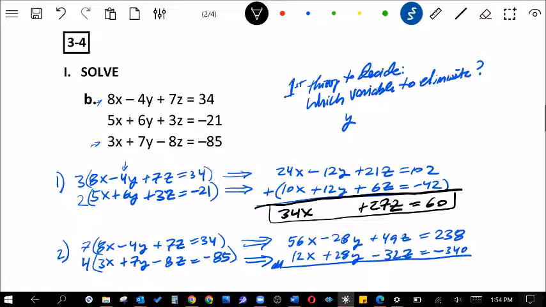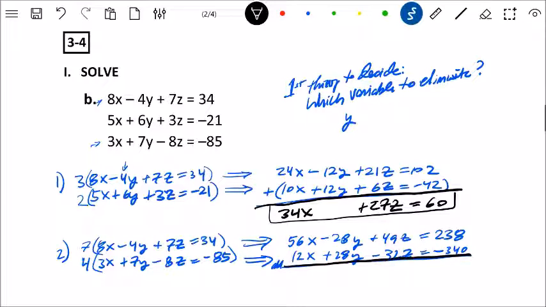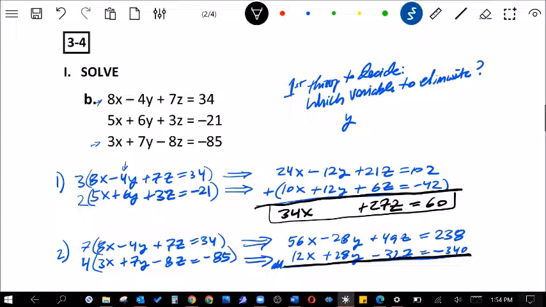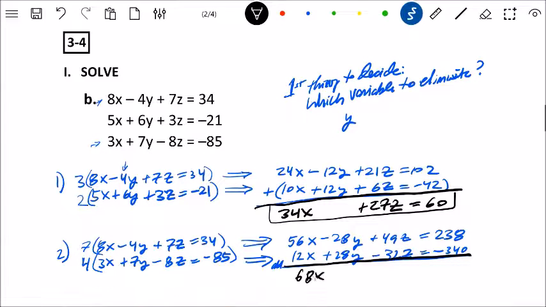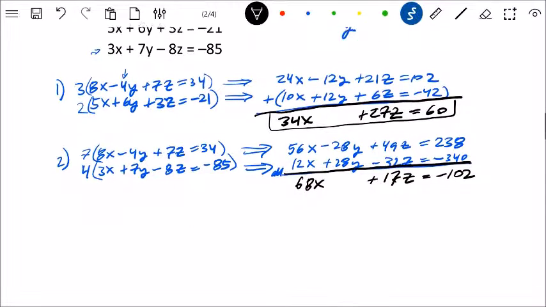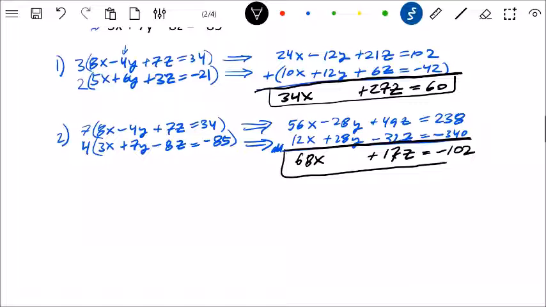And I'm going to get, in fact, I want to do the black here. So 56 and 12 is 68x plus 17z is equal to negative 102. That gives us our second of the XZ equations.